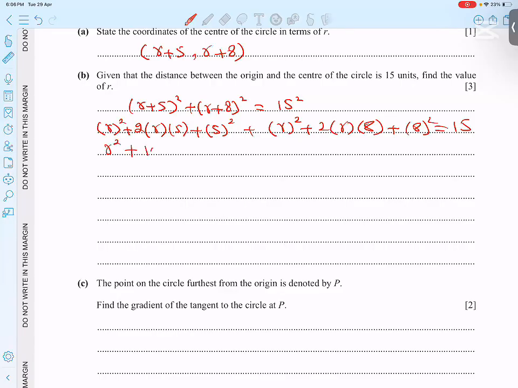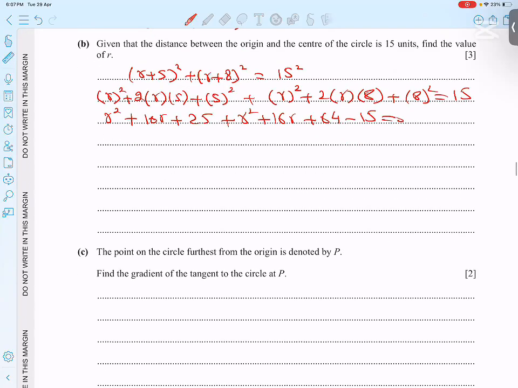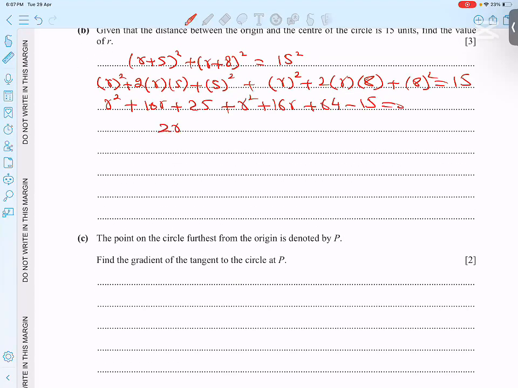R squared plus 10R plus 25, plus R squared plus 16R plus 64, minus 15 squared. Then I got 2R squared plus 26R, and 64 plus 25, if I add, I get 89. Okay. So I hope so up till here the point is very, very clear.